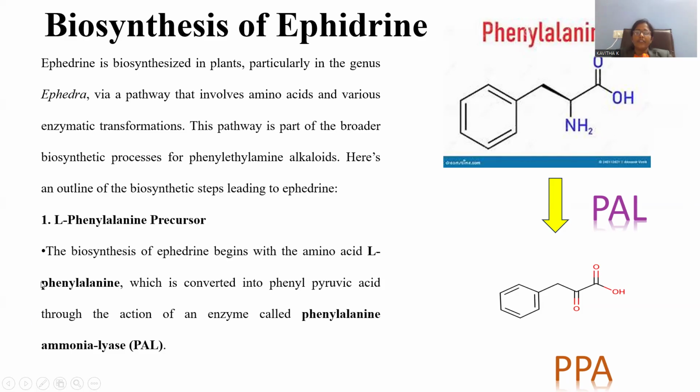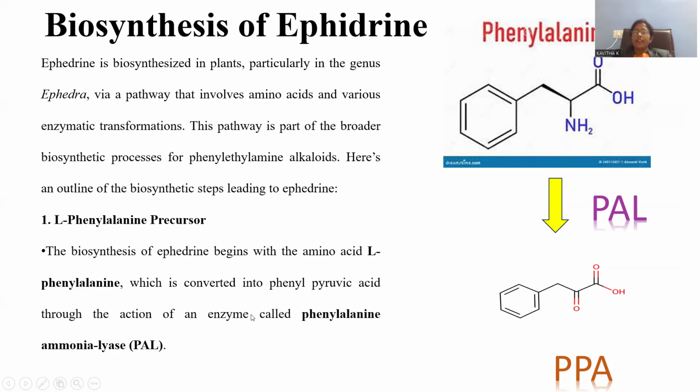So that L-phenylalanine was taken as a starting material, and it will be converted into phenyl pyruvic acid. This is the phenyl, this is a pyruvic acid. Phenyl pyruvic acid will be generated starting from phenylalanine. Here, in order to make this biotransformation, we have to use the enzyme called PAL, phenylalanine ammonia lyase.